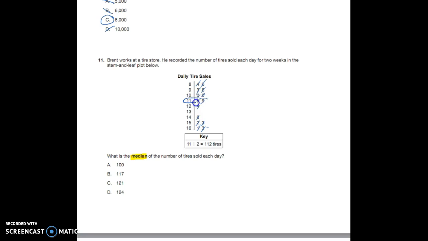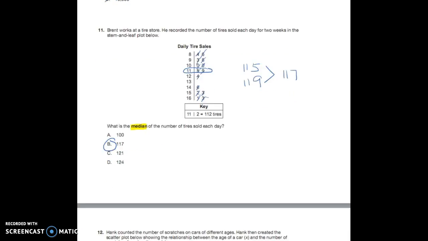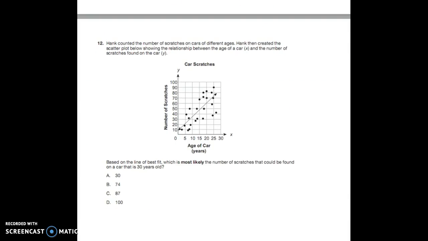Well, right here is our middle between 115 and 119. So we average the two, and the number that's right in the middle is 117. I hope you remembered to do that. So average those two together, and it gives you 117 sales. Okay? On to the next one.